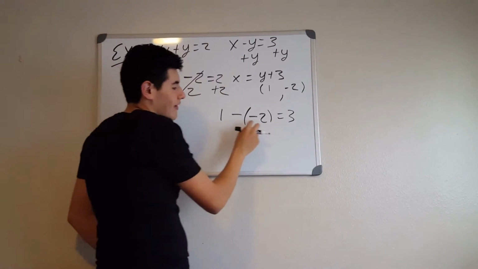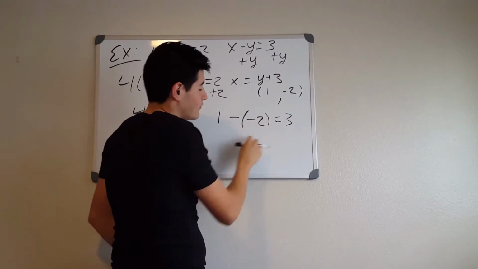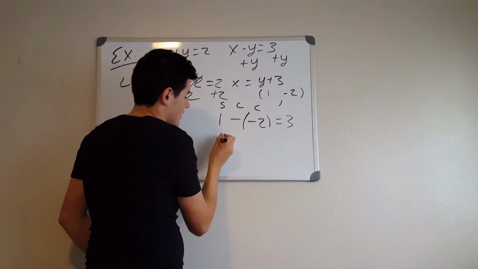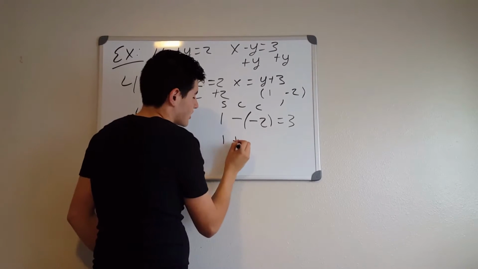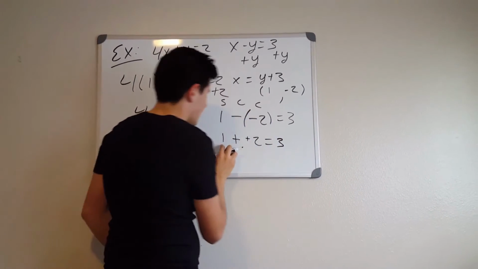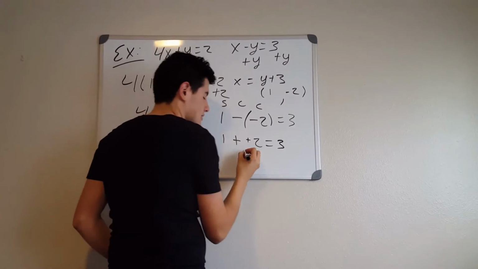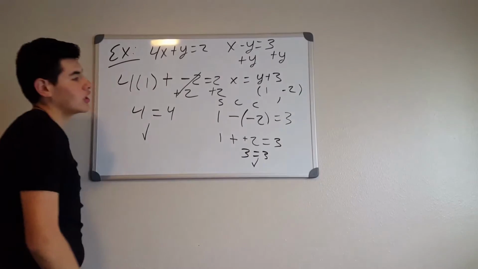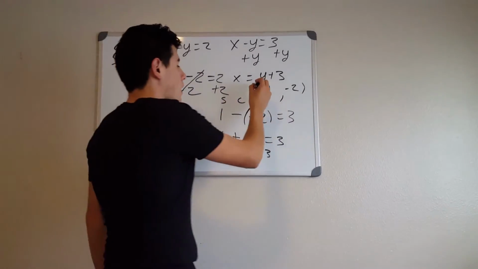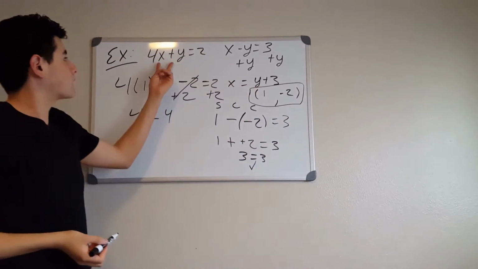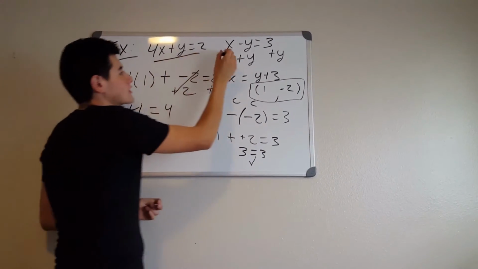So we have negative minus a negative, so we do same, change, change. This stays the same, positive. This changes to a plus. This changes to a plus. Is equal to 3. So 1 plus a positive 2 is equal to 3. 3 is 3. Check. It checks out. So our ordered pair, 1 comma negative 2, is the solution for our two original functions here.